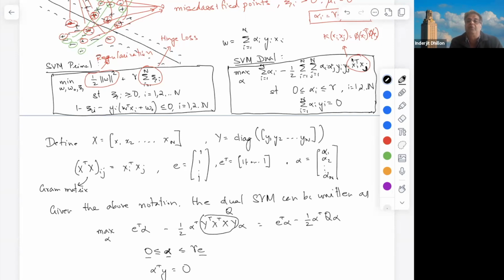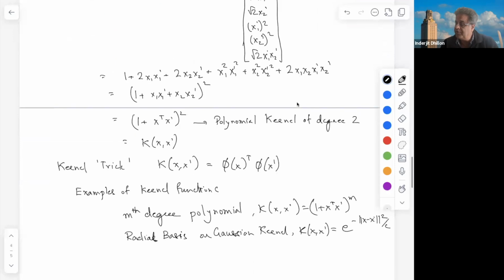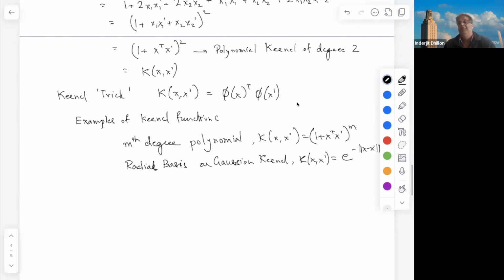All the computations that you do involve k of x_i, x_j. So this computation can be done in some time that depends on n, but never on d prime. So that is another reason why SVMs were so powerful, because you could devise pretty good software for these kernel SVMs.